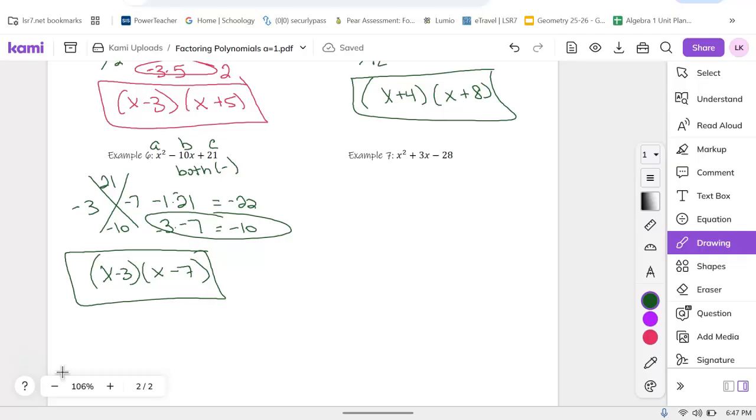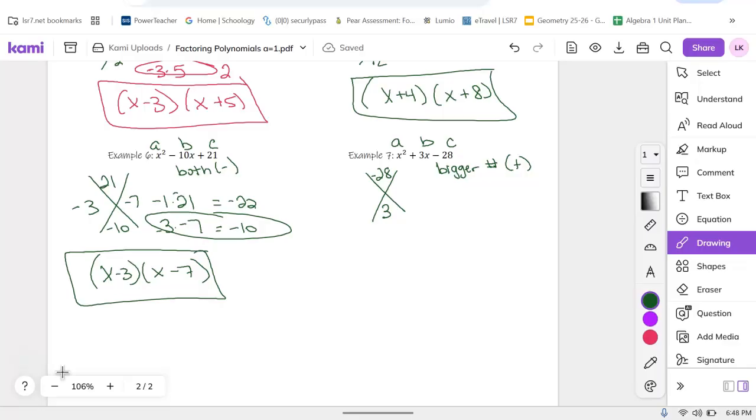And then x squared plus 3x minus 28. Again, I don't have a GCF, so I have a, b, and c. My c is negative 28, and my b is 3. Since my c is negative and my b is positive, my bigger number has got to be positive.